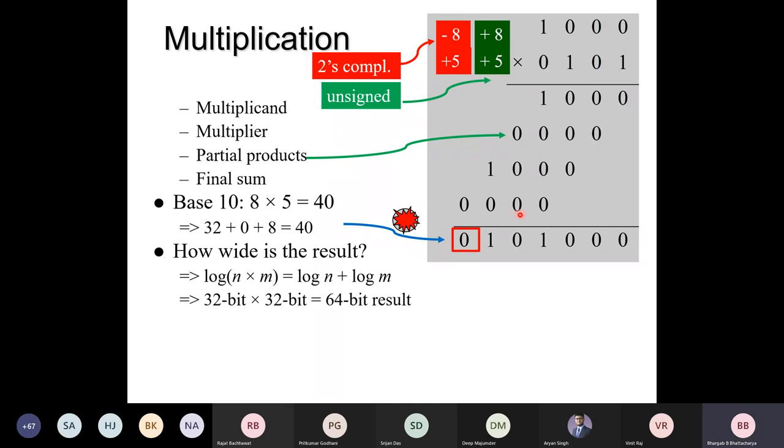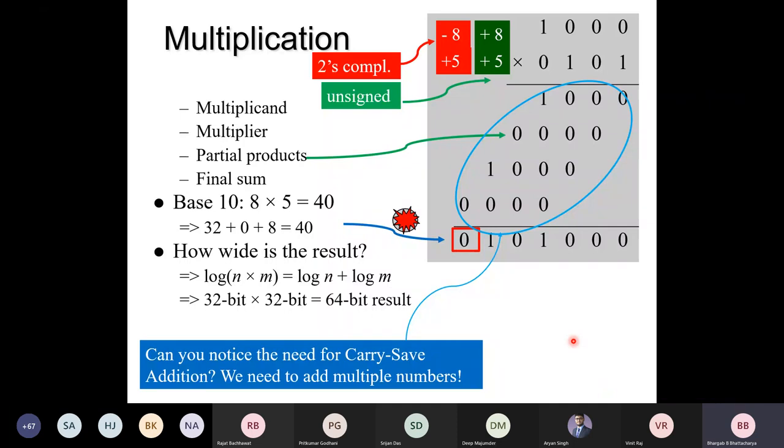And the simple procedure of computing multiplication may not be valid for 2's complement numbers. So these are the four observations we have made here, right? Again, this boils down to carry save addition, as we need to add multiple numbers.